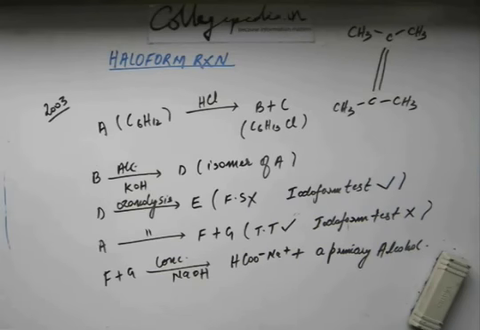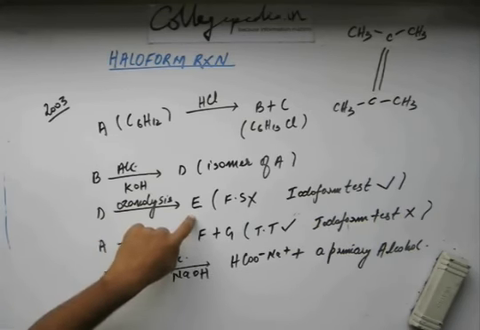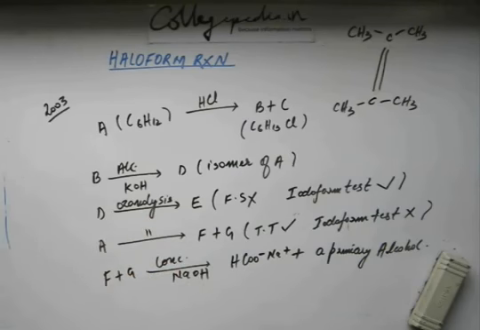Now we have found out D and we have found out E. E is acetone, and D is this given compound.